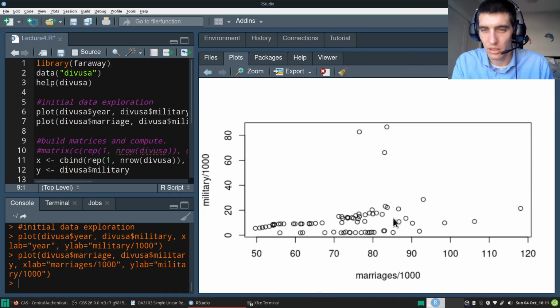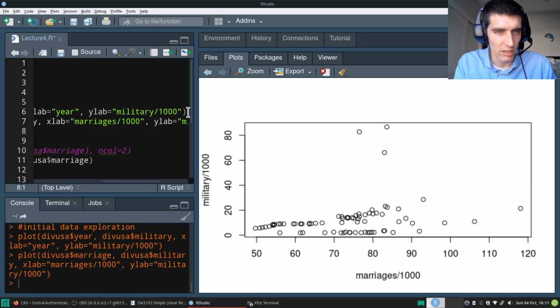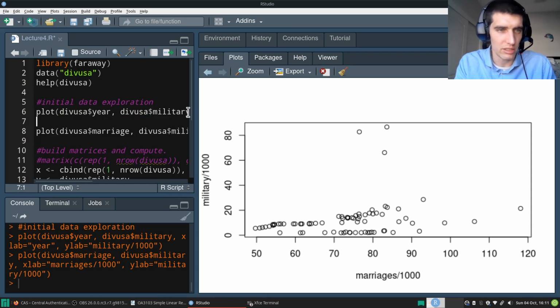Let's see. We see maybe some positive trend here. These clusters of points seem to be moving up together. This is pretty noisy, but I might suggest that there is a small positive trend there. I didn't plot this one, but just because I'm curious about it now, I want to see what the marriage rate does.